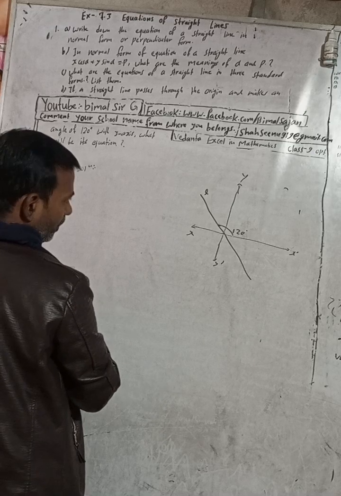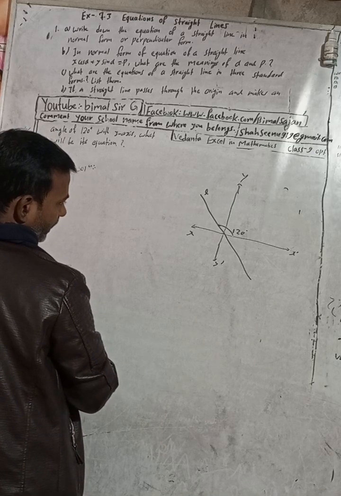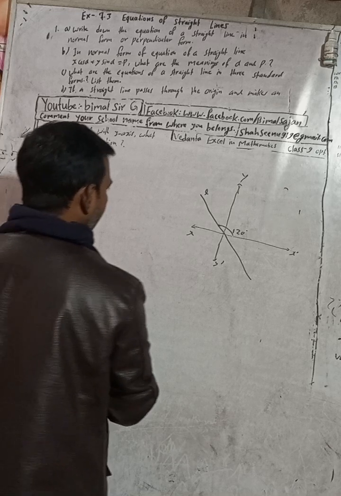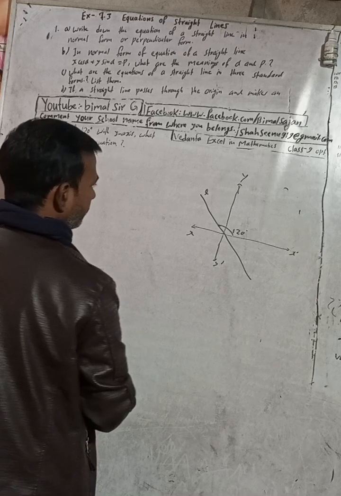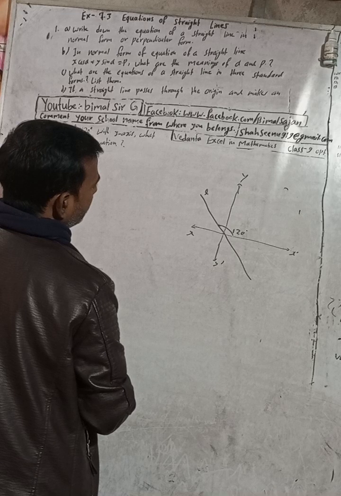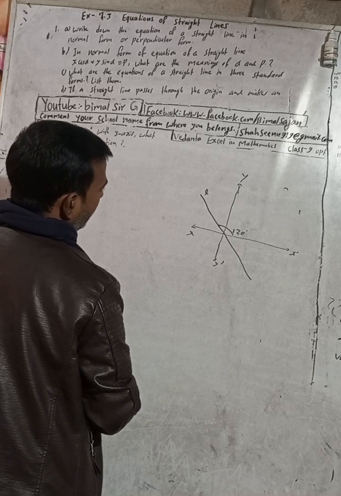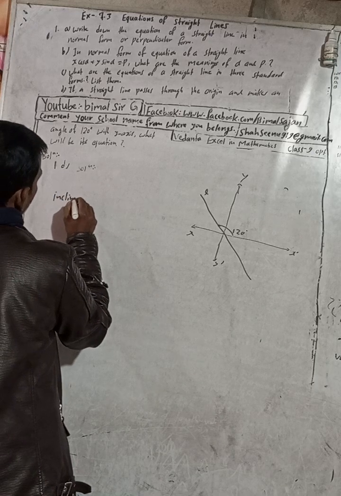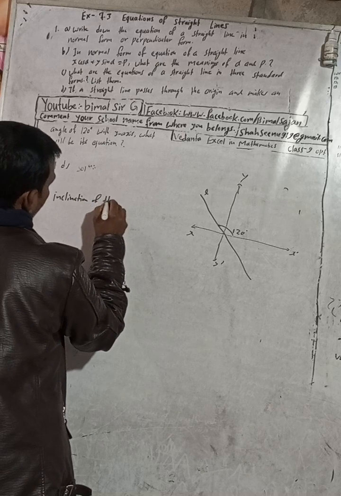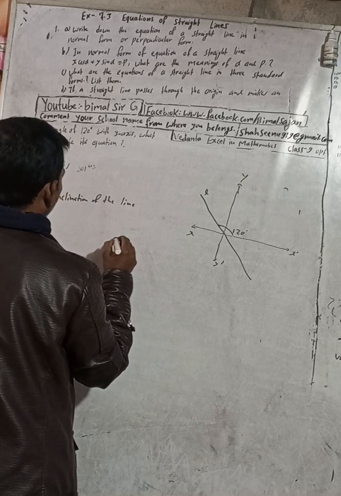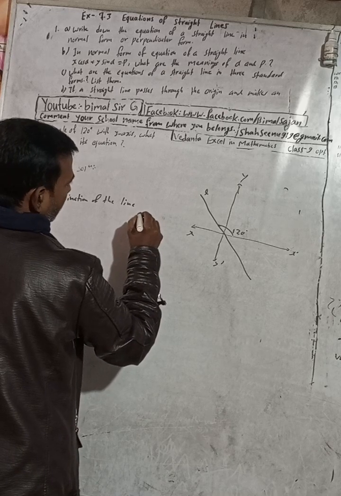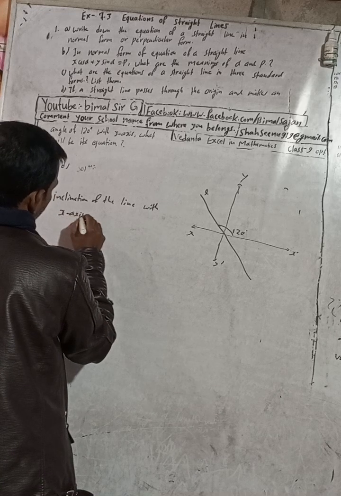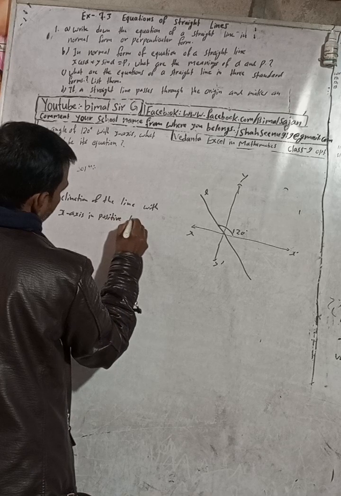So from this figure we can write the line makes an angle theta, the inclination of the line with the x axis in the positive direction.